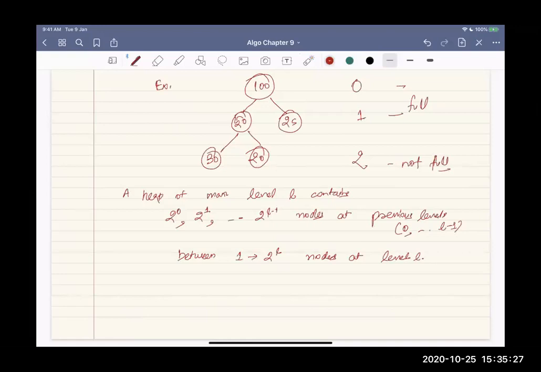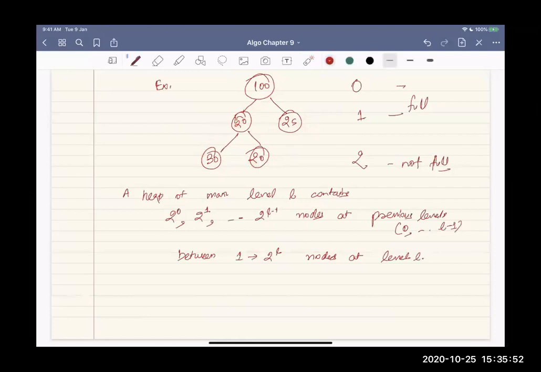Do I still have to go to a tree and use all those pointers, or can I use a simpler representation? It turns out, because they are filled from top to bottom and left to right, you can actually use simply an array to represent a heap.